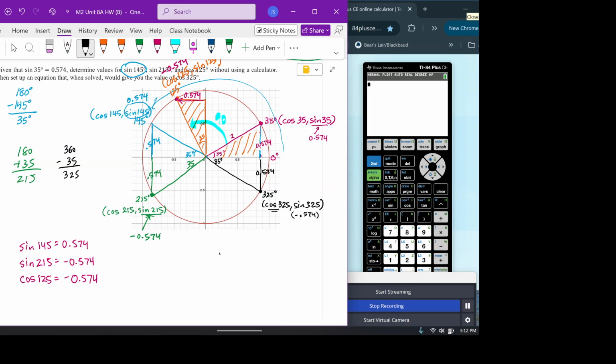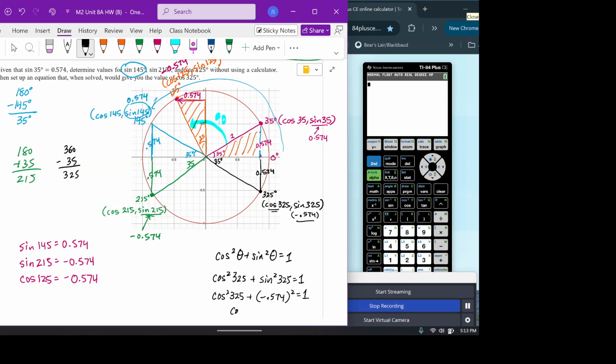Well, we know that cos squared theta plus sine squared theta equals 1. And we know that our theta is 325 degrees, so I could say cos squared 325 plus sine squared of 325 equals 1, which is the same thing as saying cos squared of 325 plus negative 0.574 squared equals 1.